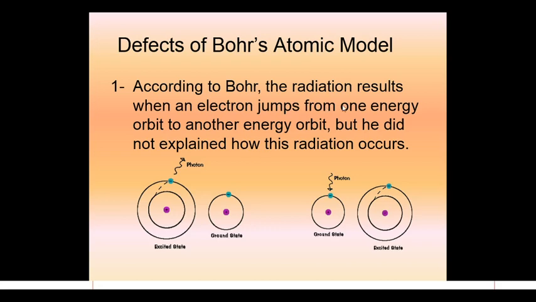According to Bohr, the radiation results when an electron jumps from one energy orbit to another energy orbit. But he didn't explain how this radiation occurs. He couldn't explain how the electrons emit radiation when they jump from one energy orbit to another.